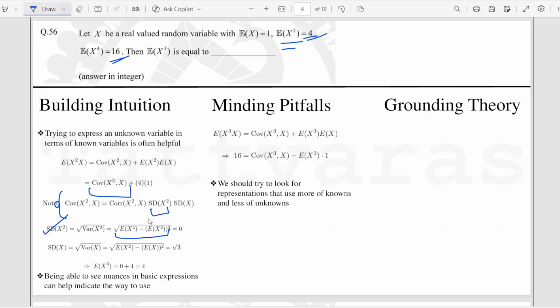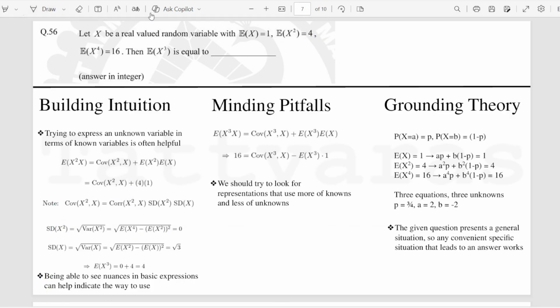That should be the intuition guiding you, being able to see nuances in basic expressions and use them to indicate the way ahead. And let's ground this on theory and alternate theory as well.